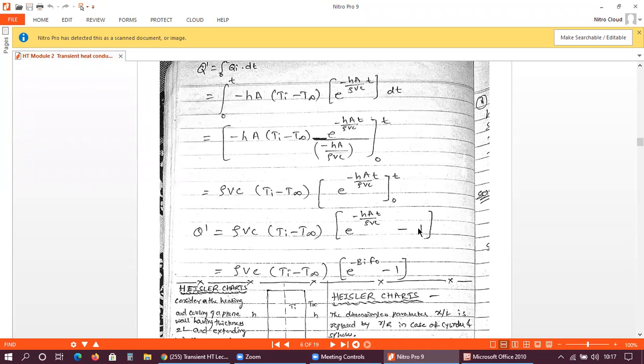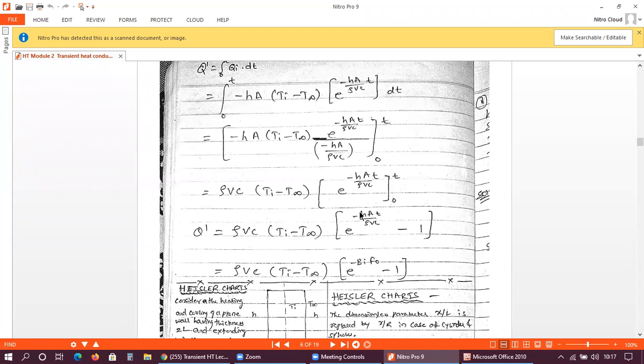Okay, so now again, if you simplify it, you will get rho Vc into (Ti minus T infinity) multiplied by e raised to minus Bi into Fo, because as I told you, this hAt by rho Vc, where h is the convective heat transfer coefficient, A is the surface area, t is time, rho is the density of the material, V is the volume, and c is the specific heat.